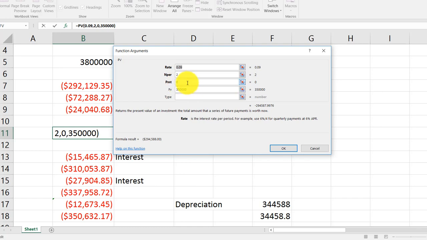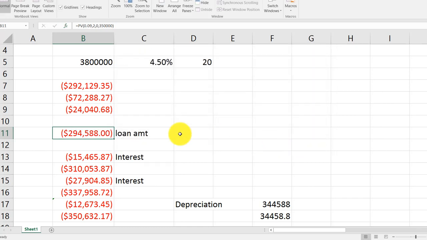If it was 2 payments of $350,000, the $350,000 would go in the payment spot and the 0 would be in the future value. It's an important distinction as to whether it's the future value lump sum at the end or an equal payment through the course of the loan.